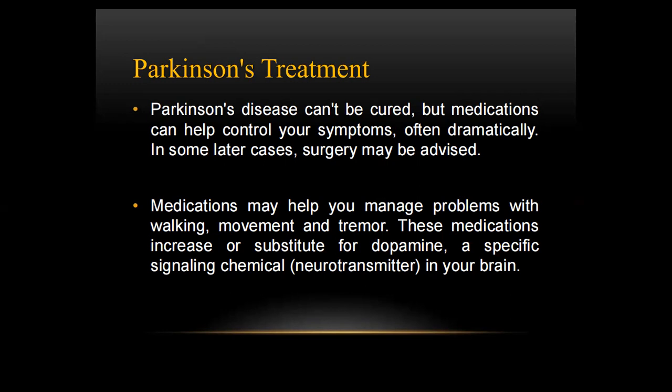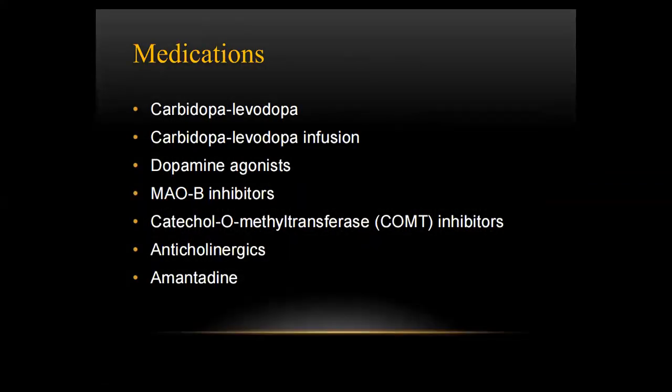So the drugs used in the treatment of Parkinsonism are, number 1, carbidopa-levodopa. Number 2 is carbidopa-levodopa infusion. You can give dopamine agonists. You can give MAO-B inhibitors.